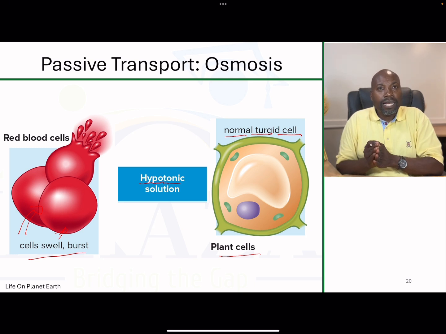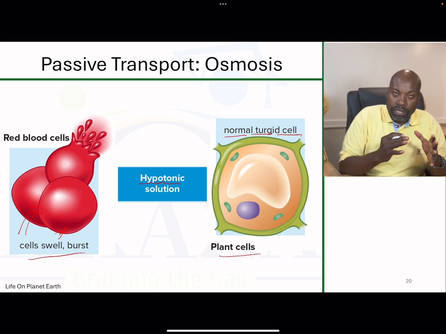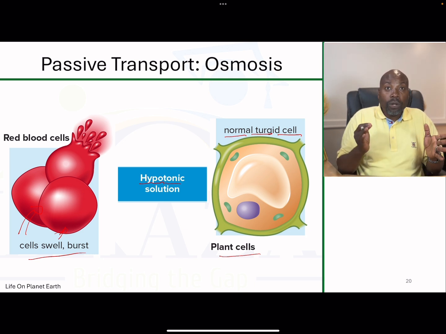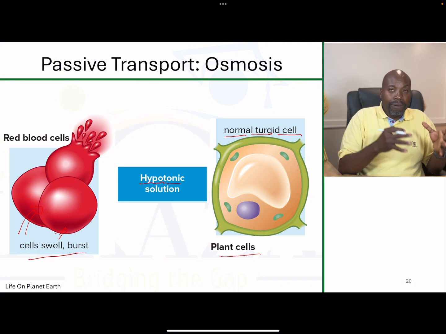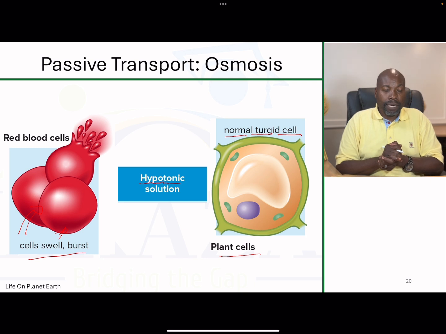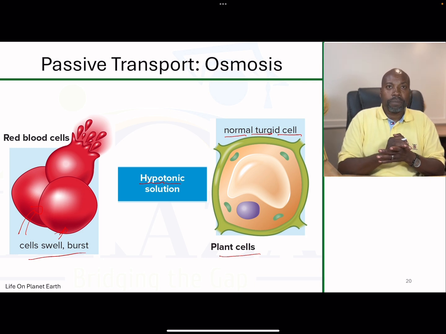What if the cell was in a hypertonic environment, such as, for instance, the marine environment that has a bunch of salt, right? You know that plants are found in aquatic environments and animals are found in aquatic environments, right? What is the result in the cells?